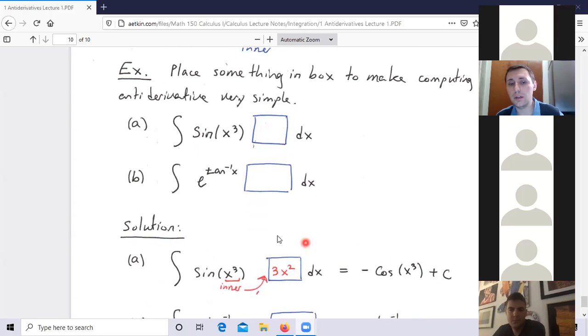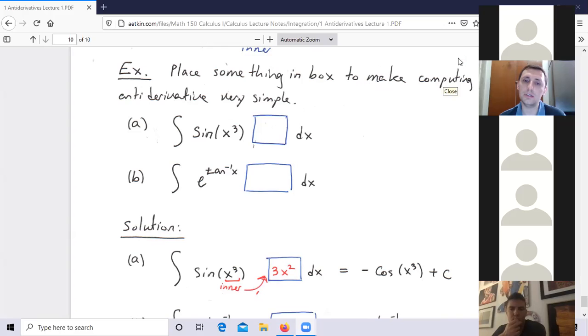What about B? What do you put in B here? And then what's the integral? Lisha, very good.